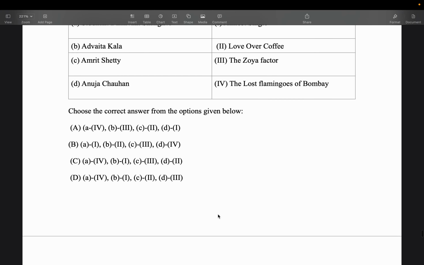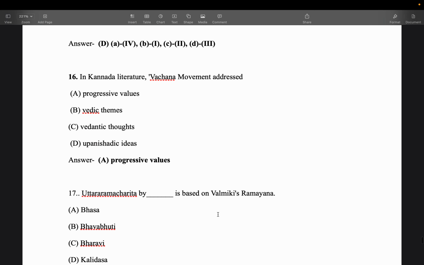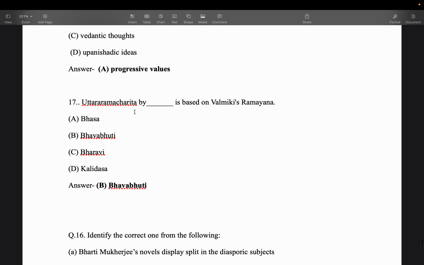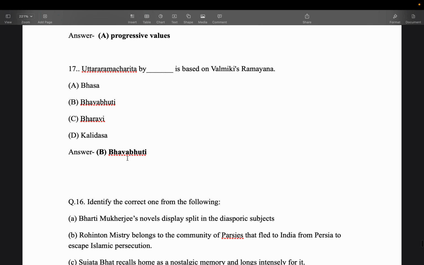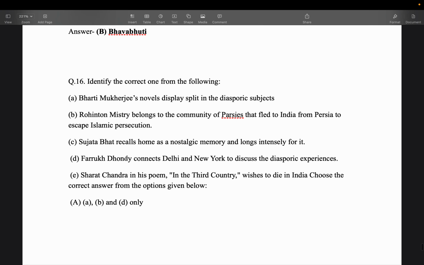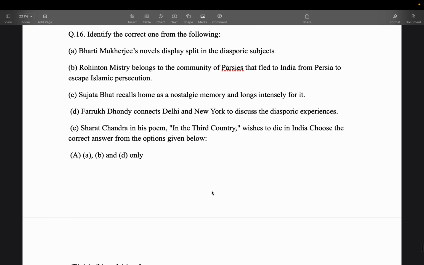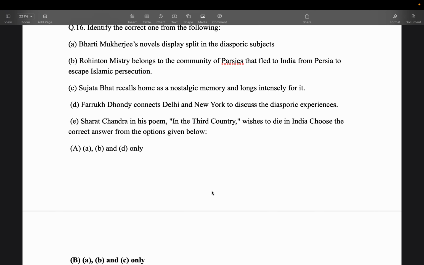Amrit Shetty. In Kannada literature, the Vachana movement addresses, that is easy, that is a famous movement. Progressive values. It brought in modernism. Uttara Ramacharita, Bhavabhuti, we know that. Bharati Mukherjee's novels display split in the diasporic subjects. Rohinton Mistry belongs to the community of Parsis.